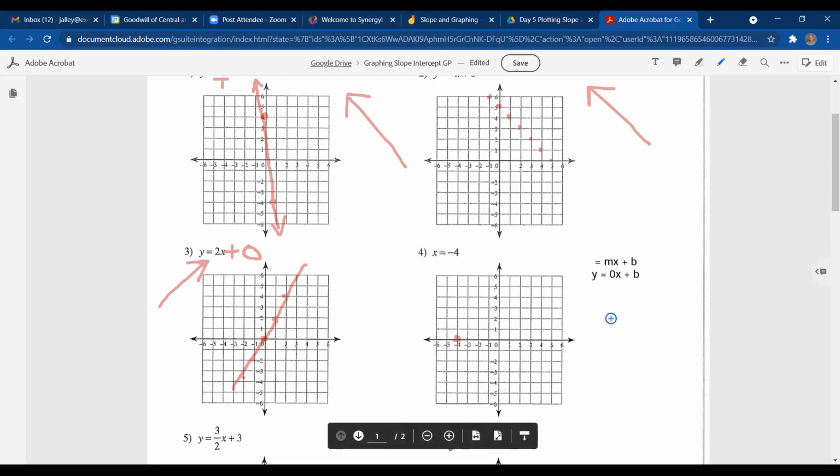Where else is x equal -4? Well, it's -4 up here. It's -4 here. -4 down here. Every point on this line has an x value of -4. It's one of these specialty lines. Undefined slope.